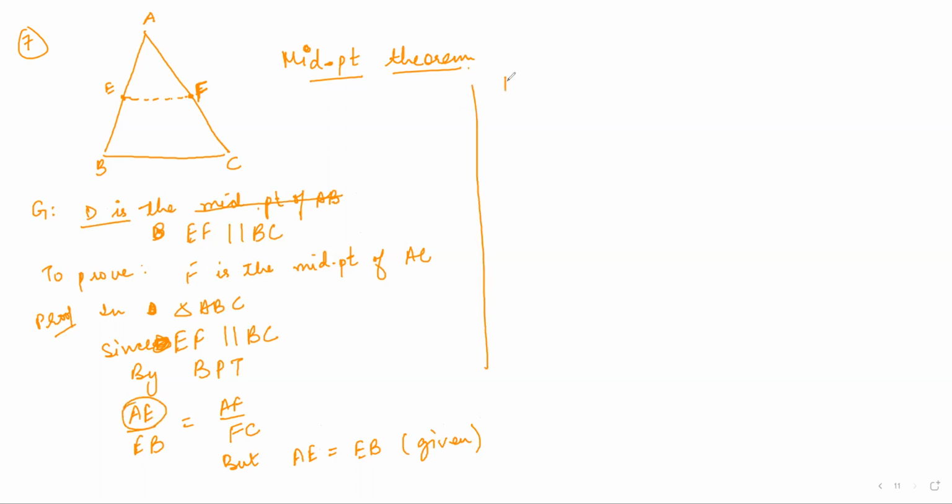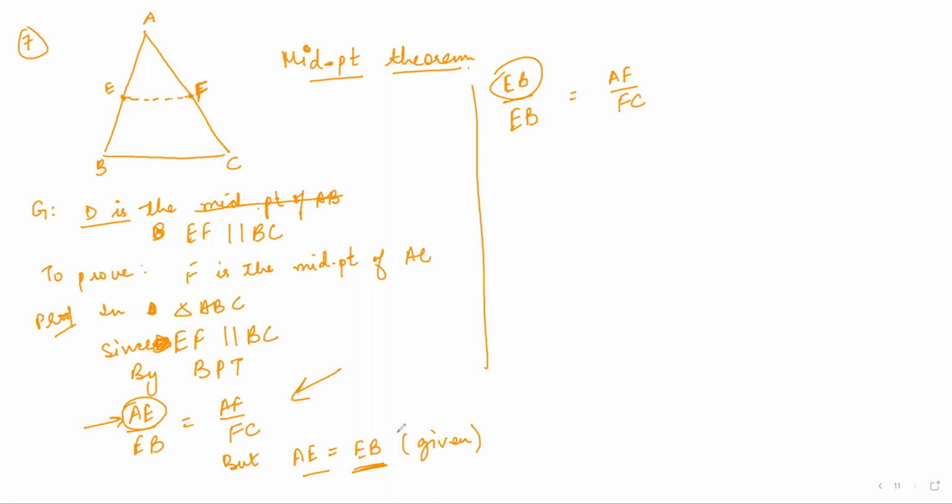So this will become EB divided by EB is equal to AF upon FC. See, I've got this result, right? Now AE is equal to EB, so I can write EB in place of AE, because both are equal. AE is equal to EB.